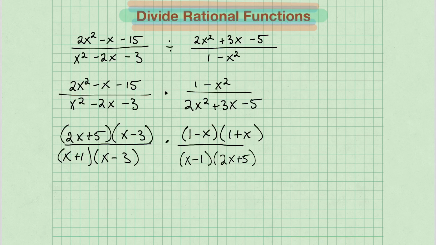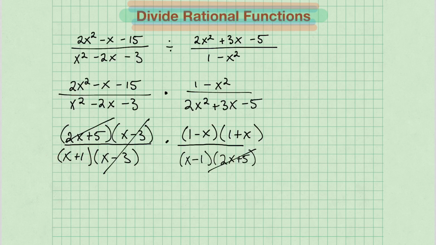Now what we're going to do is go ahead and cancel out terms. We could see right away the x minus 3 and the x minus 3 will cancel out. This 2x plus 5 and this 2x plus 5 will cancel out. And here I want you guys to notice something. This 1 plus x and this x plus 1.